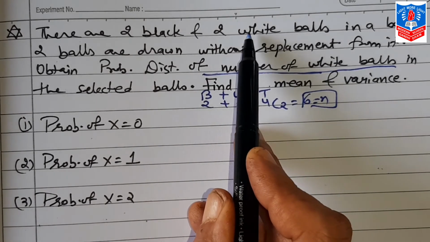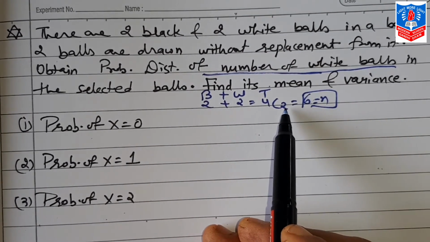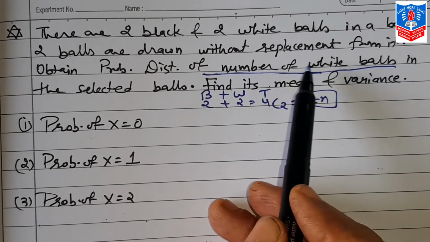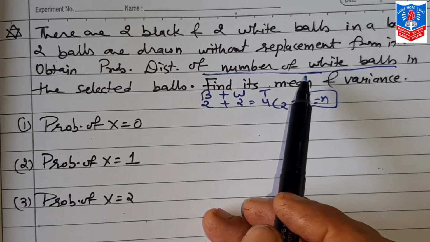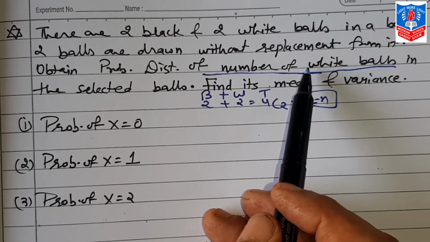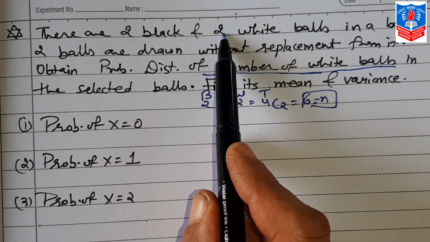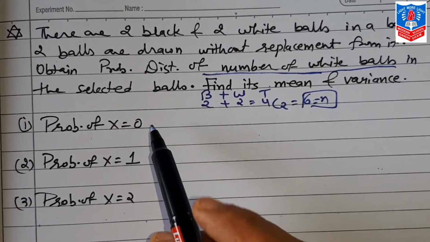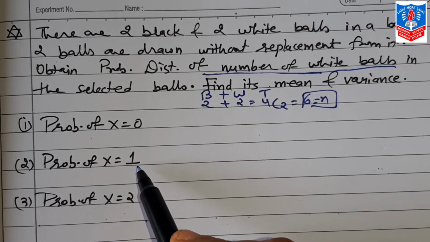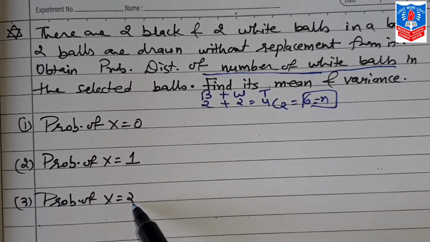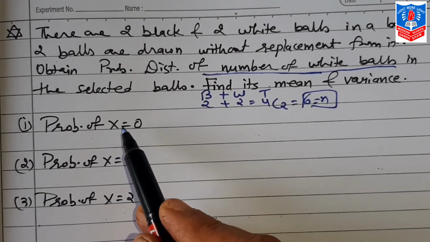Because total 2 balls we are supposed to draw, but it is given that number of white balls should be the random variable. So not a single white ball, that is x equal to 0. One white ball, obviously one black ball, and both are white balls, that means no black ball.